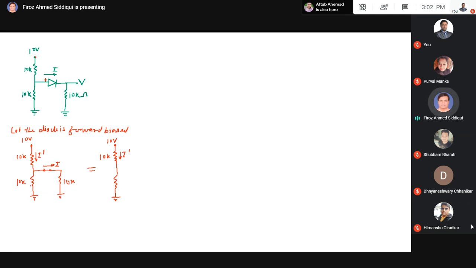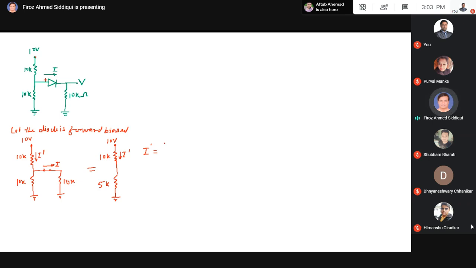This is the parallel combination of these two resistors, that is 10K in parallel with 10K. What is 10K parallel 10K? 5K. 5K, very good. So this 10K and this 5K resistor are now connected in series, and we can easily find out this I dash.